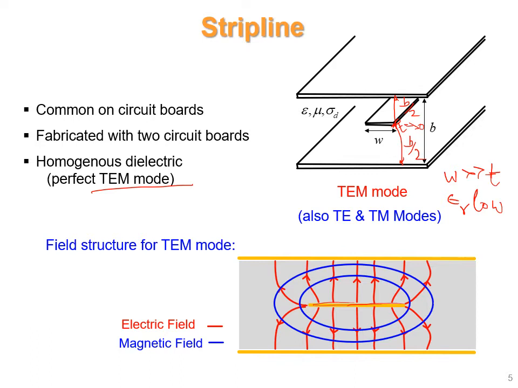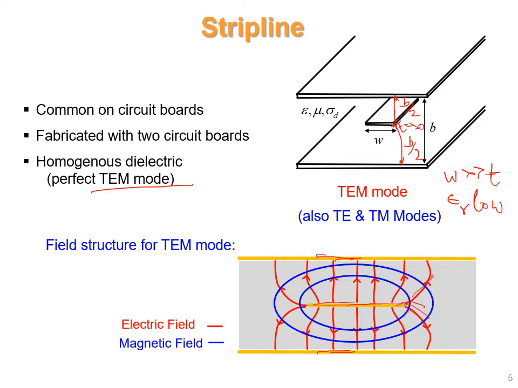The direction of the electric field is perpendicular to the central conductor as well as to the ground planes, and it is concentrated near the central conductor, but it does not end at the central conductor. Some part of the electric field comes out of the central conductor, and that is called the fringing field.